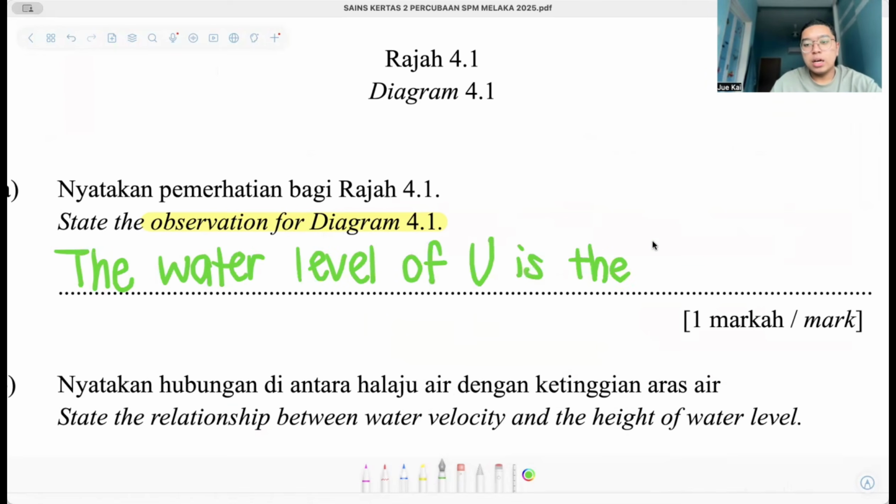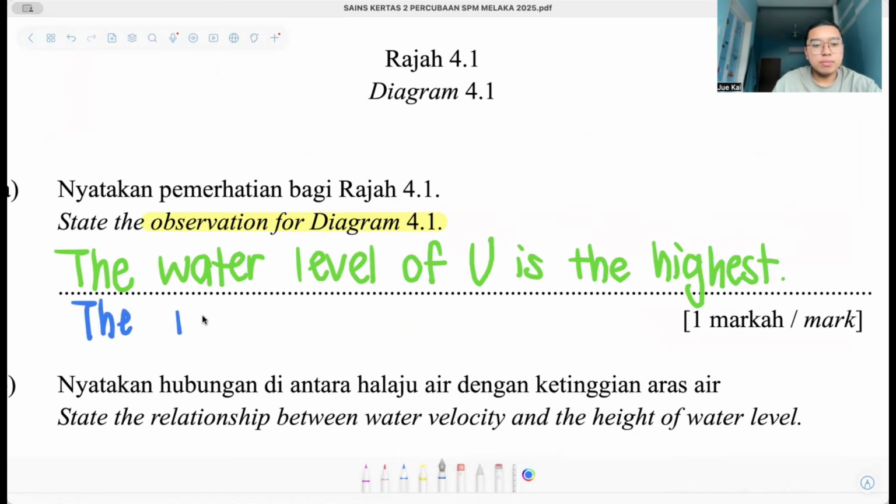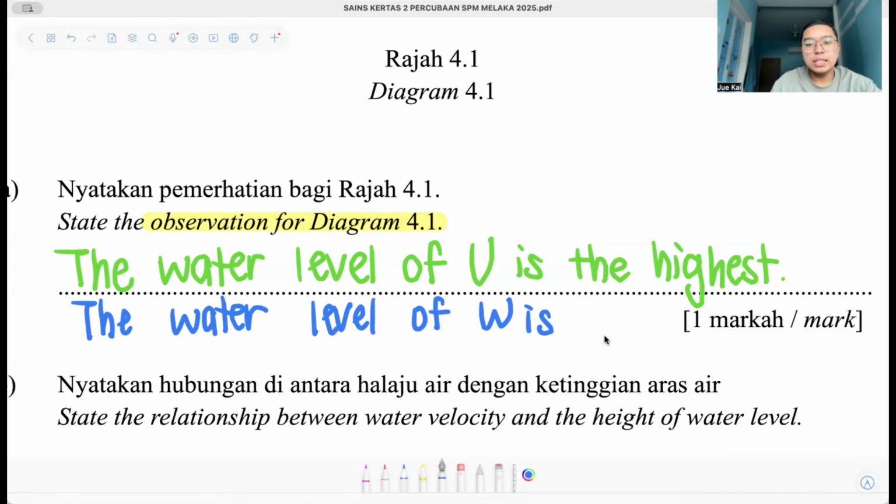This is Vanny's answer, it's the highest. I also want to write Qishan's answer. The water level of W is the lowest.